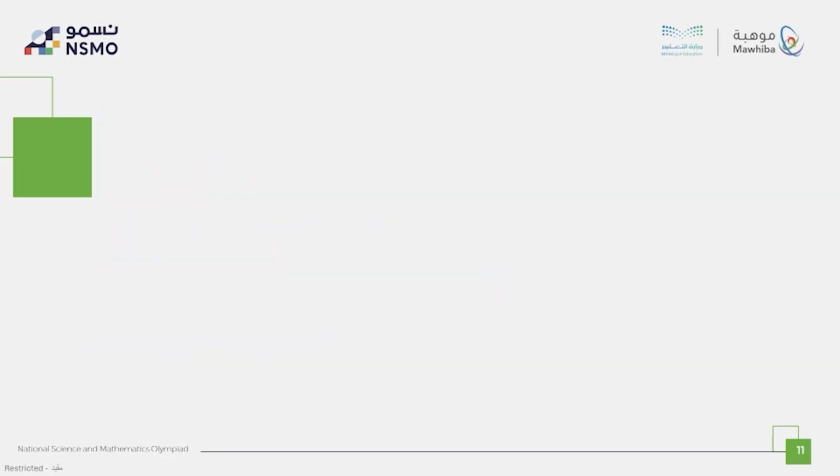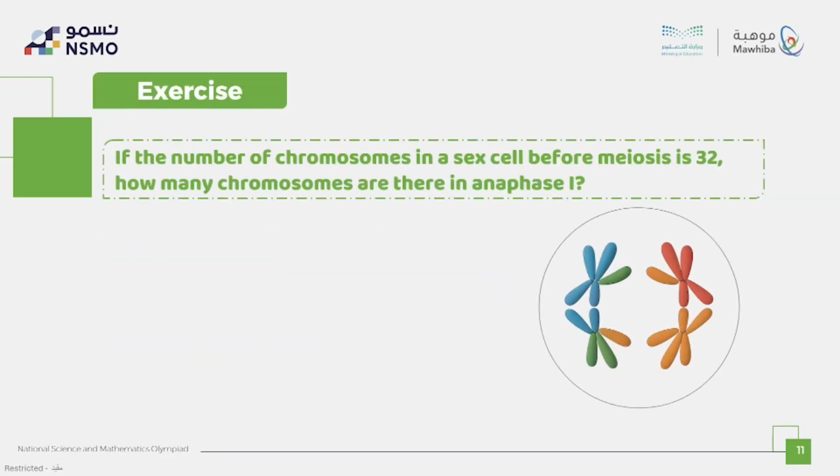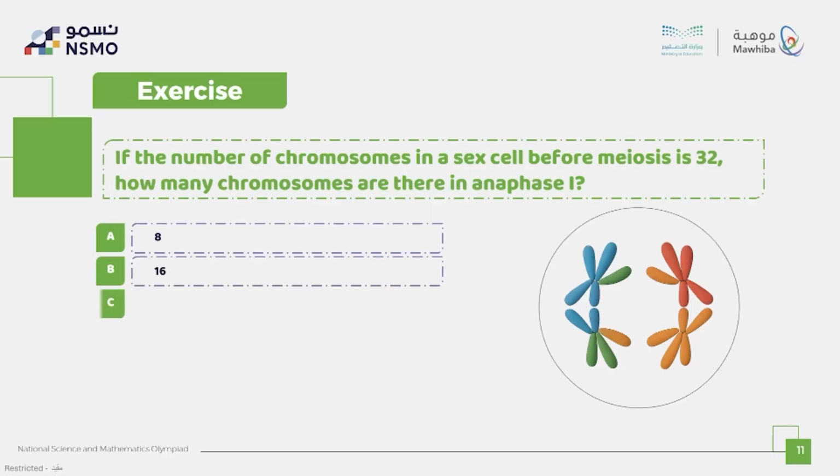Let's move on to another exercise. If the number of chromosomes in a sex cell before meiosis is 32, how many chromosomes are there in anaphase 1? Is it 8, 16, 32, or 64? What do you think? The concept here: in anaphase 1, homologous chromosomes separate, not chromatids.